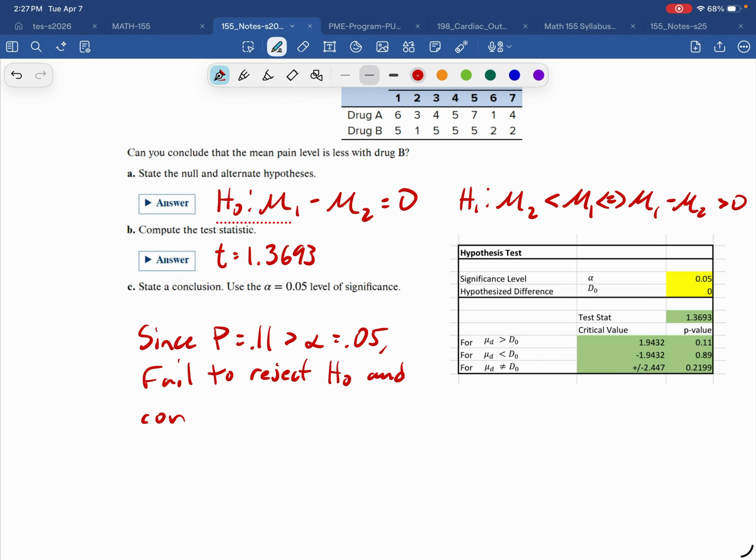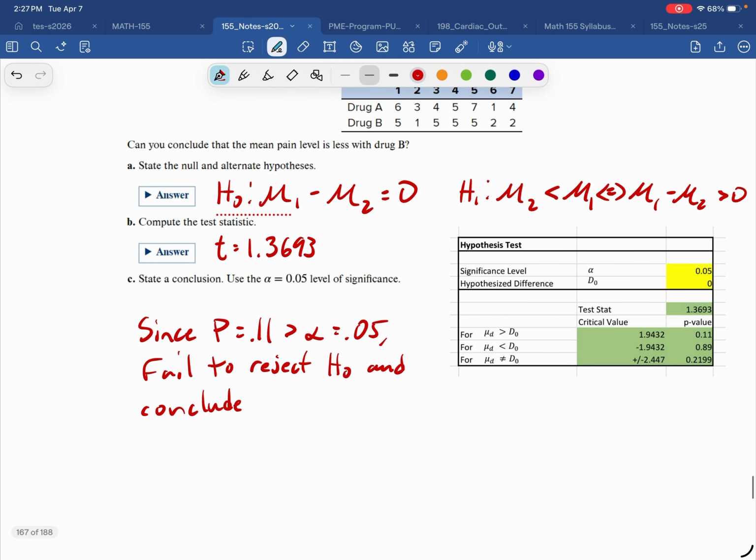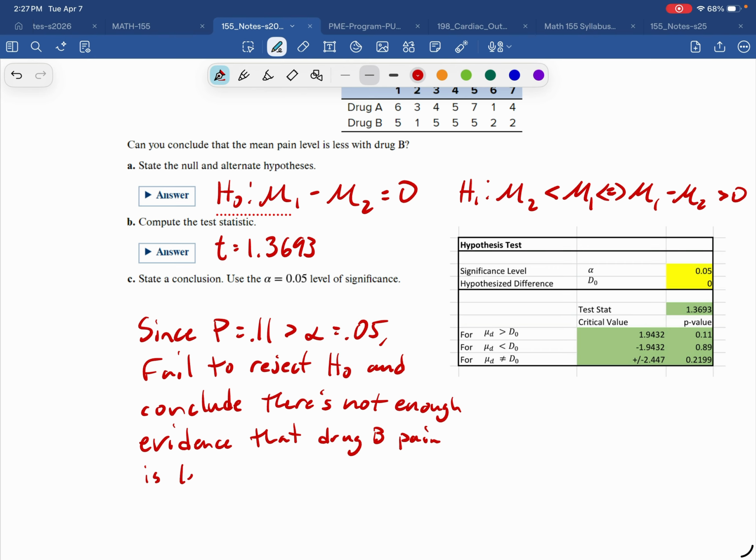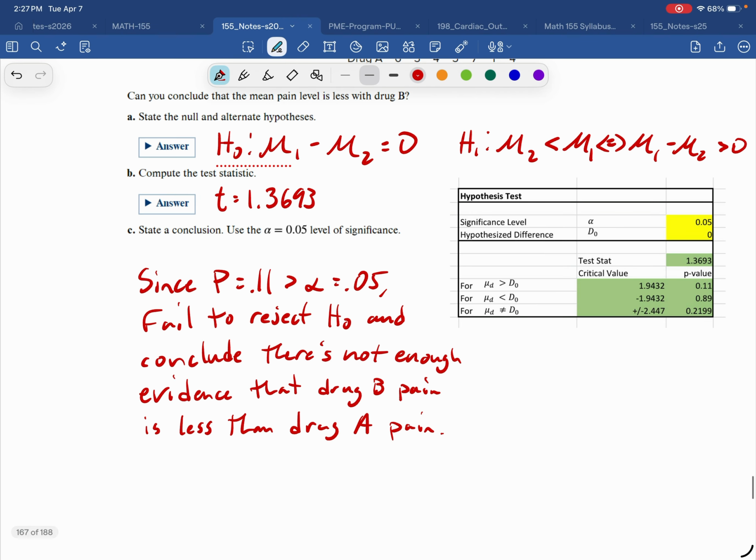And conclude there's not enough evidence that drug B pain is less than drug A pain. There you go.